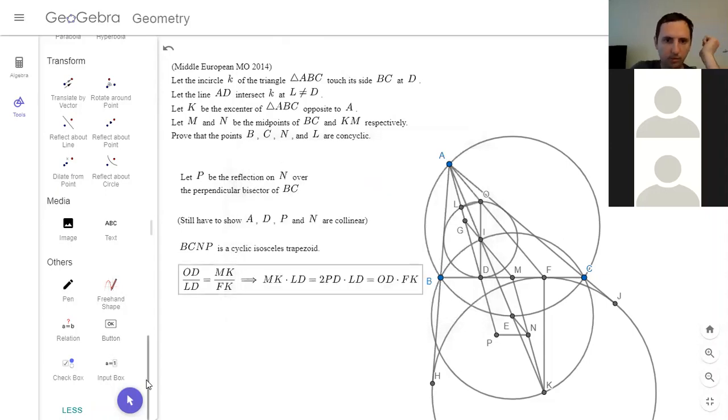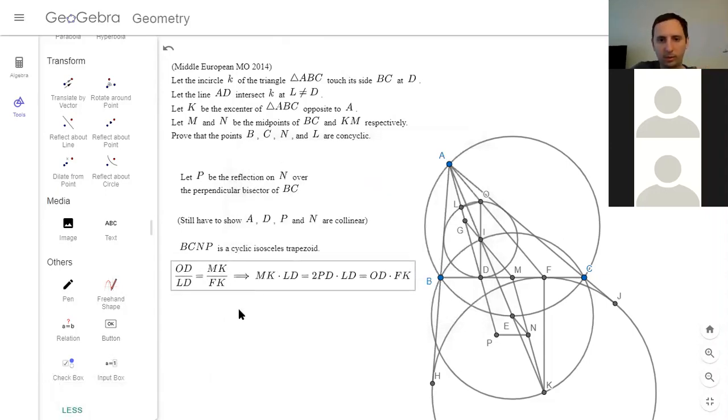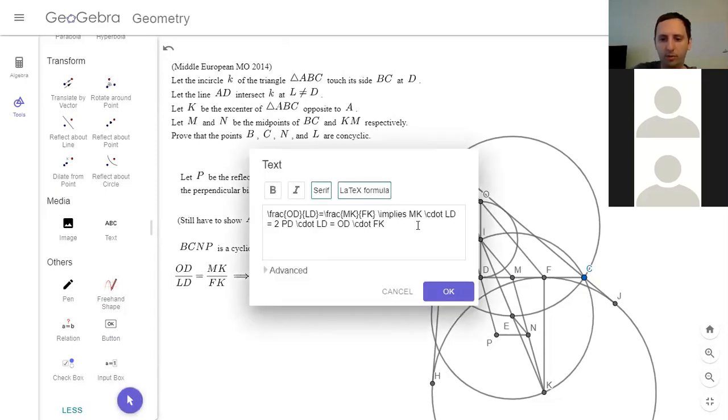Okay. So we would have twice PD times LD, which we want to show is BD times DC. But OD times FK is 2 ID times FK. So basically that's the product of the incircle and the excircle radii, right?